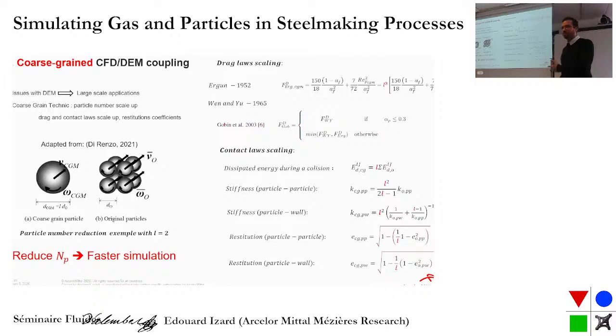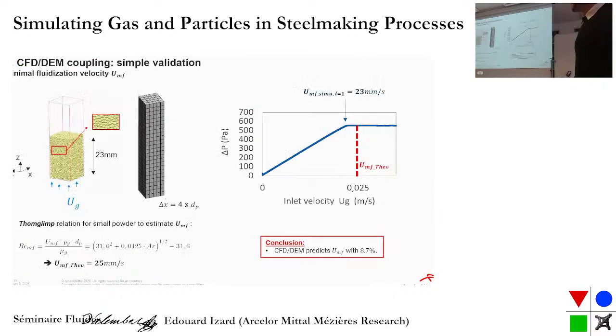So I have to include this L parameter. Of course, it's an assumption, so what we have tried to understand is whether, in a very simple system, it has an effect.